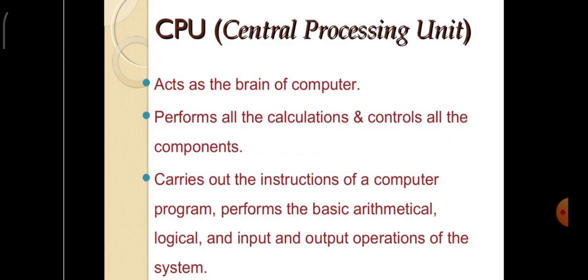Central processing unit. It acts as the brain of the computer, performs all the calculations and controls all the components, carries out the instructions of a computer program, and performs the basic arithmetic, logical, and input-output operations of the system. You have already studied this in the previous class, the block diagram of the system.